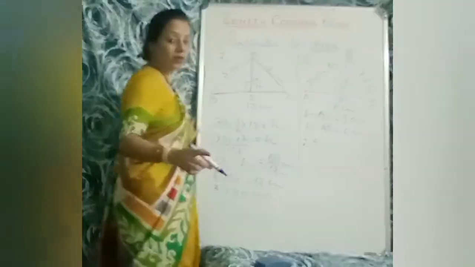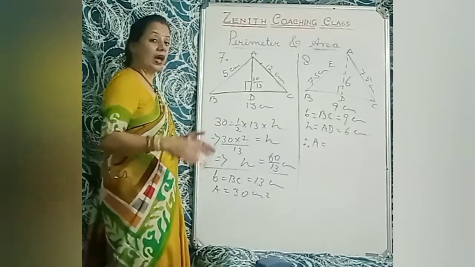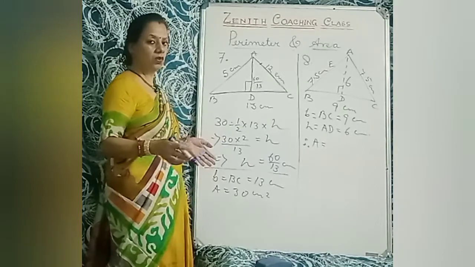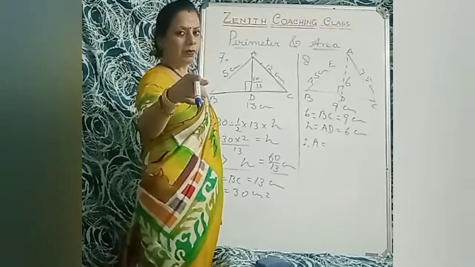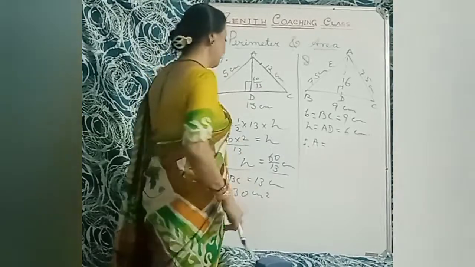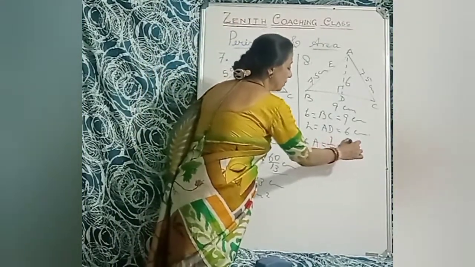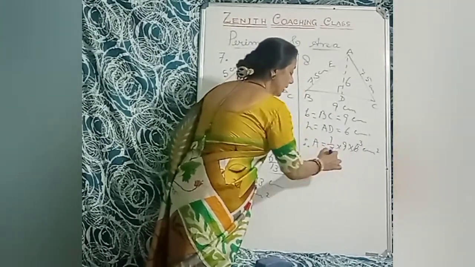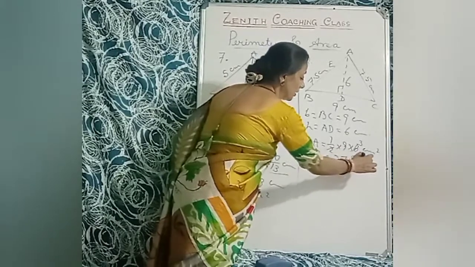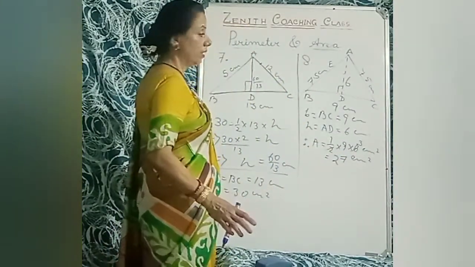Again and again I am telling you that you have to write the formula first, then you write the values. You should not be lazy, because you have to obtain the marks. So area equals half multiplied by base multiplied by height, centimeter square. That is 27 centimeter square. This is the area.